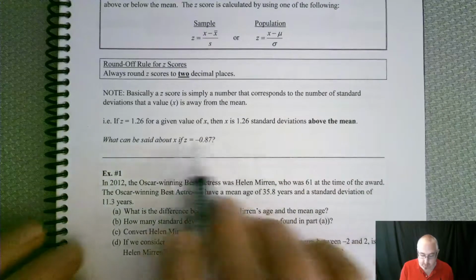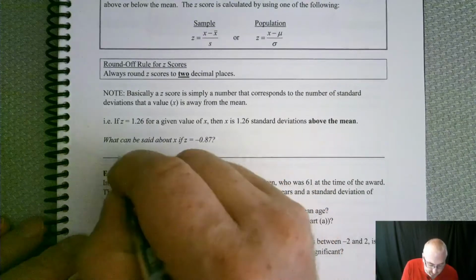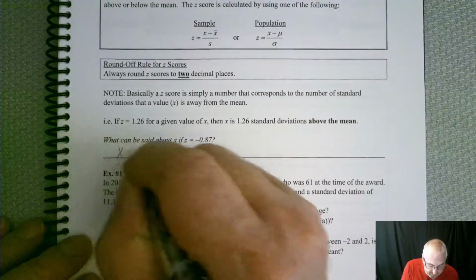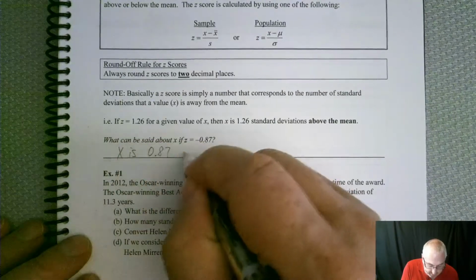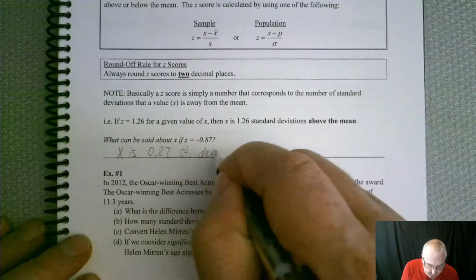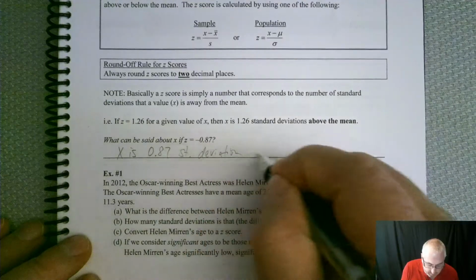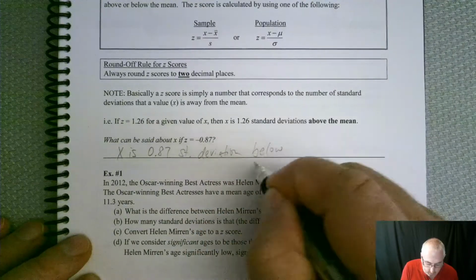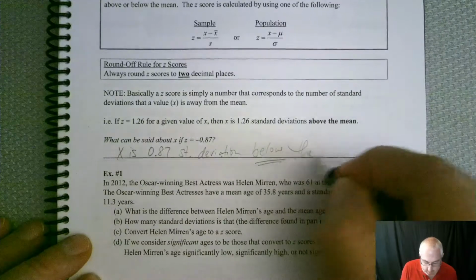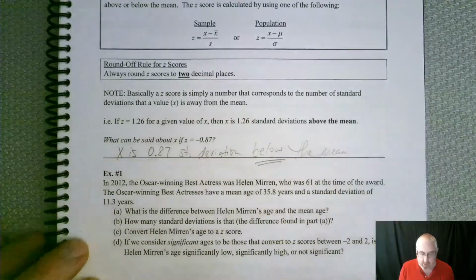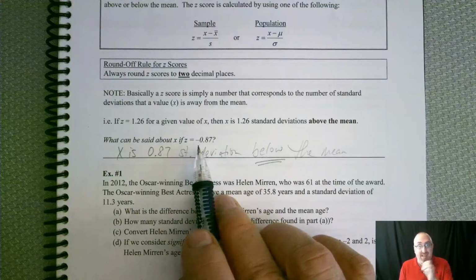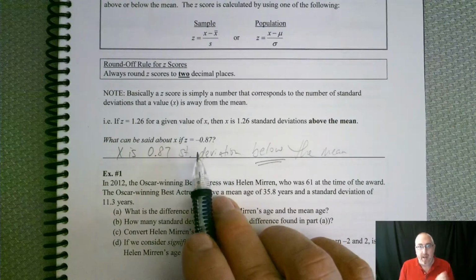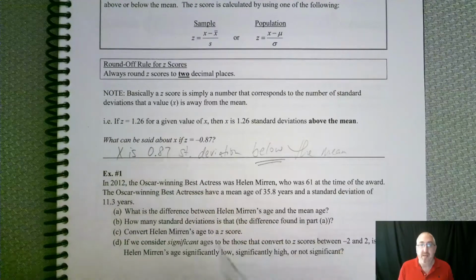Very similar to what we have up here, we should be able to say that x is 0.87 standard deviations below the mean. All because of that negative sign, that automatically tells us that it's got to be below the mean. And again, that 0.87 is just a number of standard deviations away.